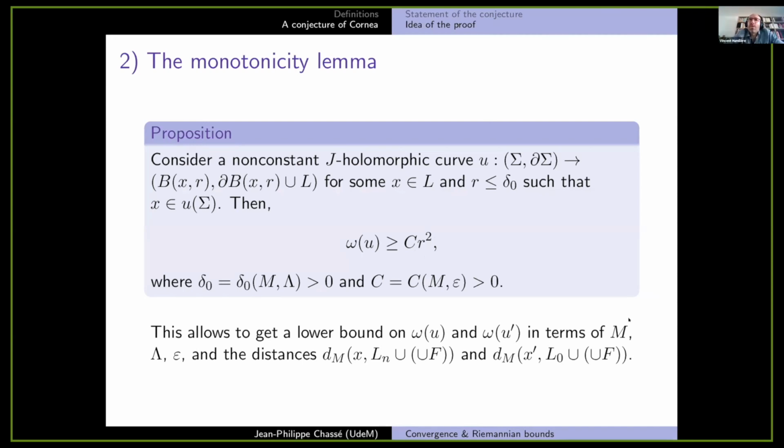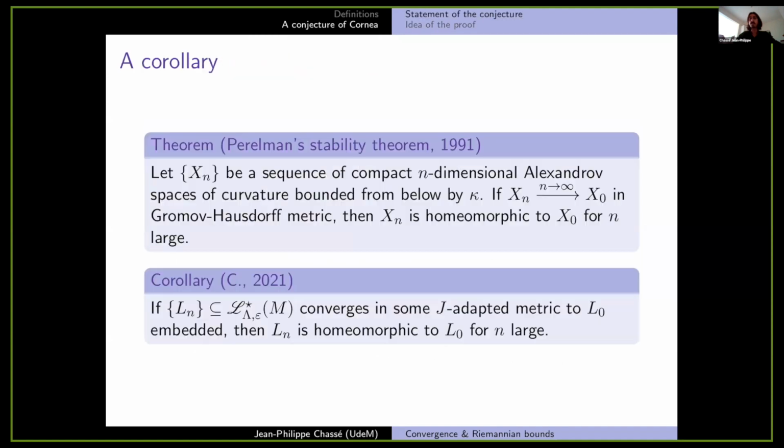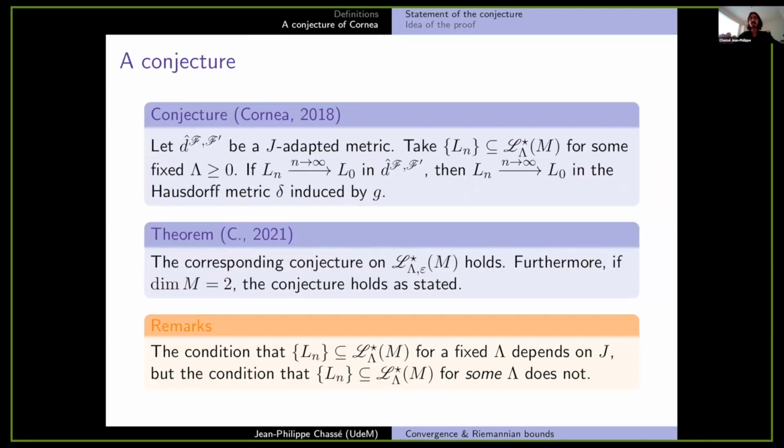Is it possible? Yeah, okay, please. Maybe you were going to ask the same question. So if I understand correctly, just reviewing the results, the result is concerned with the shadow metric, but there was nothing that you said about the Hofer metric or the gamma metric, right? Well, the point is that it works also for them. The result is stated for the J-adapted metric, but in particular, it also works for the Lagrangian Hofer metric.